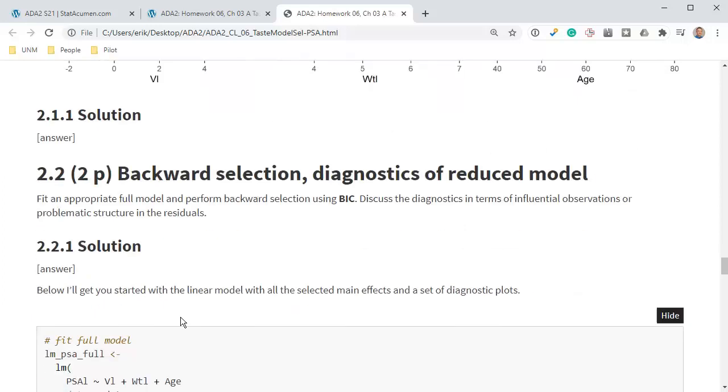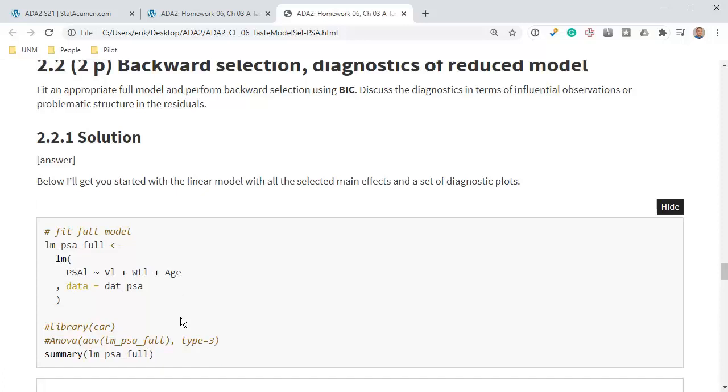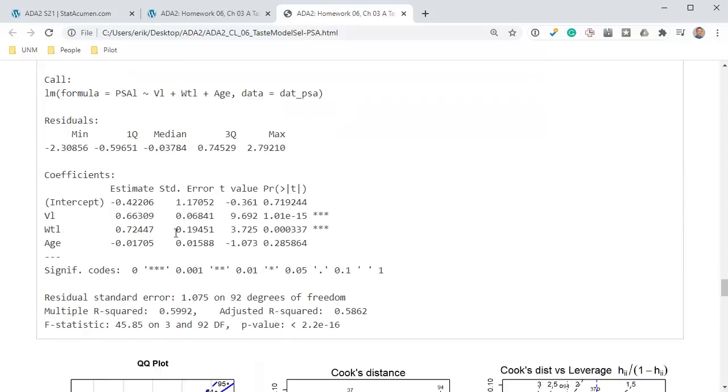All right. Let's look at doing backward selection by starting with the full model and interpreting those regression diagnostic plots. So here is the linear model on the log scale. Looks from the face of it, we've got residuals that are roughly symmetric in the 5-number summary.